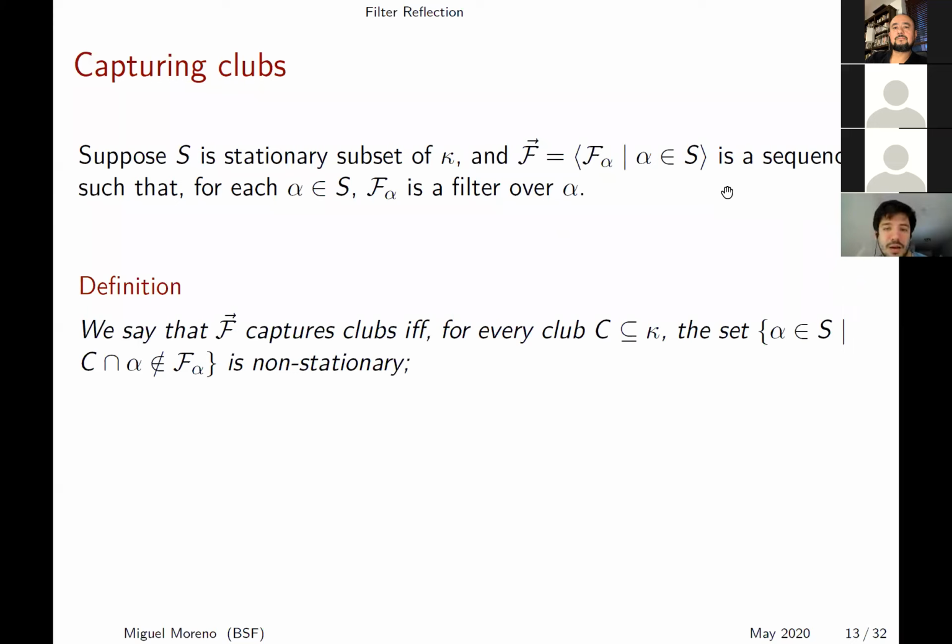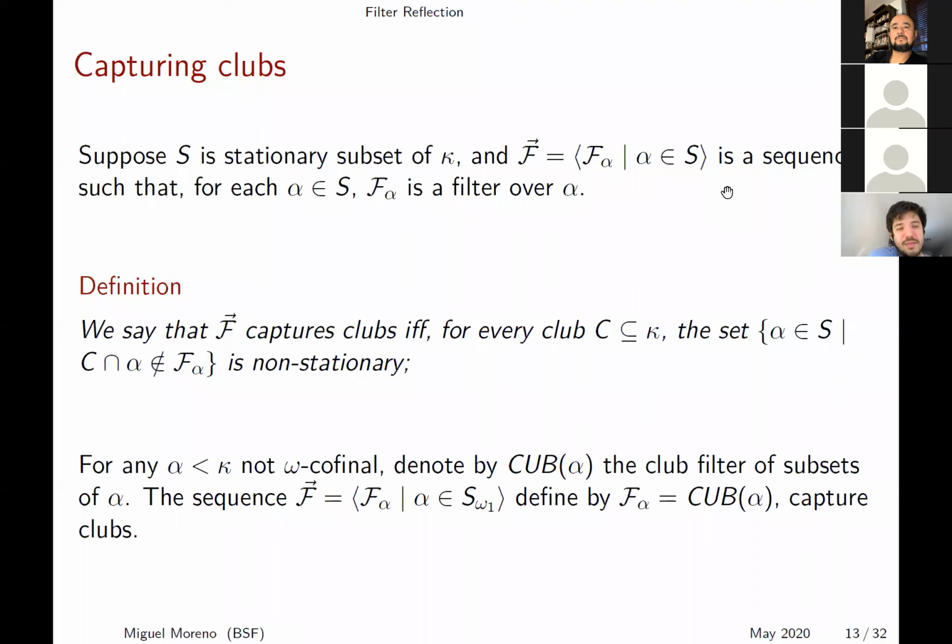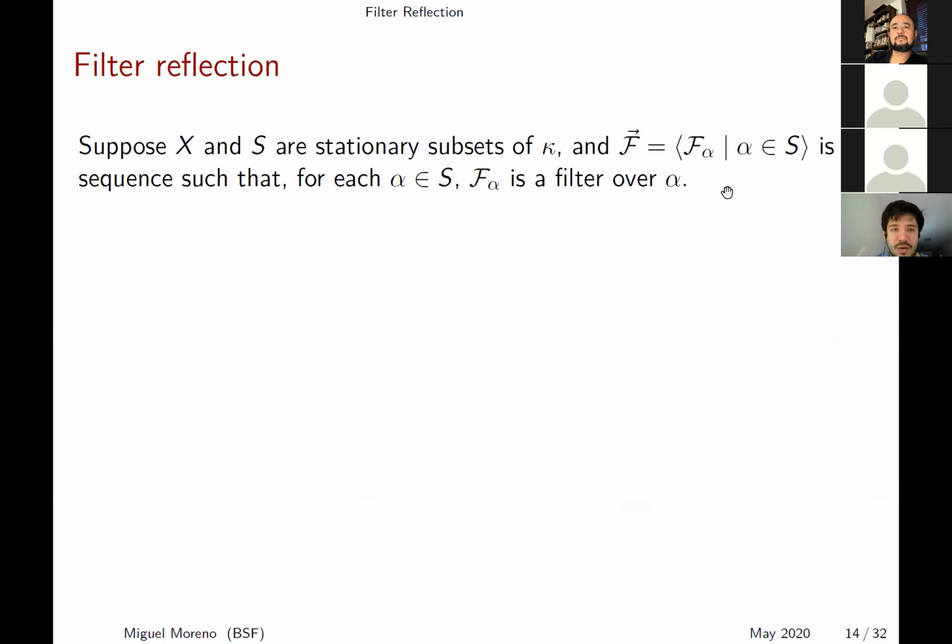So basically, you can think about the sequence F alphas as the club filter sequence. For any alpha smaller than kappa that is not omega cofinal, denote by C alpha the club filter subset of alpha, and define F alpha as the club filter. Everything in the club filter is a club because we're not omega cofinal.